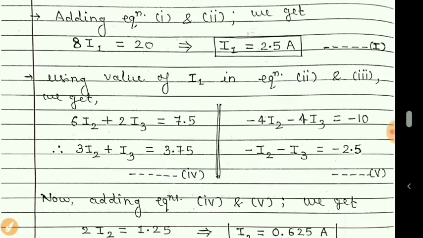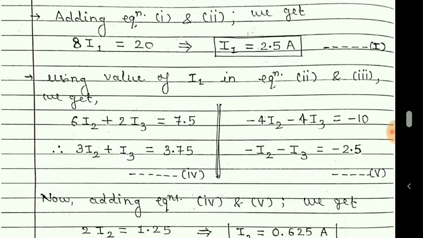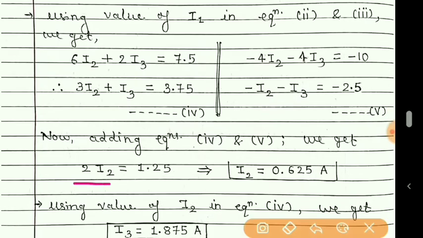Now you can see here I3 is positive and here the I3 is negative. So simply you can add equation number 4 and equation number 5. So this term will get removed, and 3i2 minus i2 remaining will be 2i2, and on the right hand side 3.75 minus 2.5 will get 1.25.